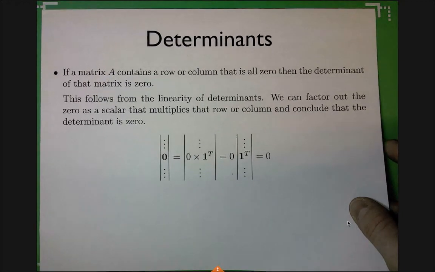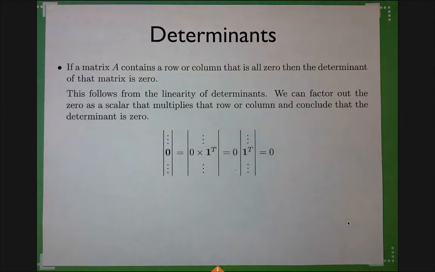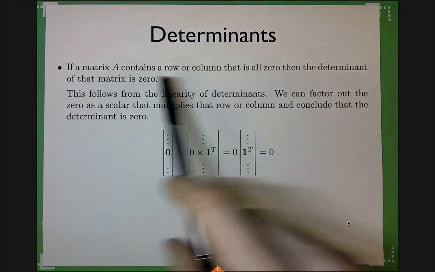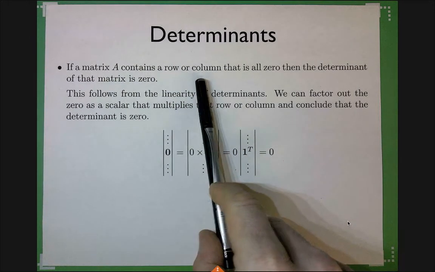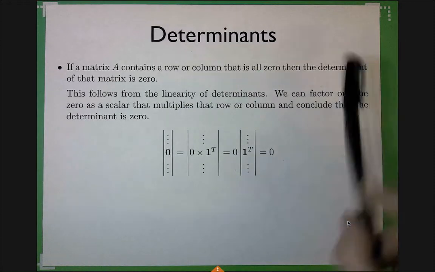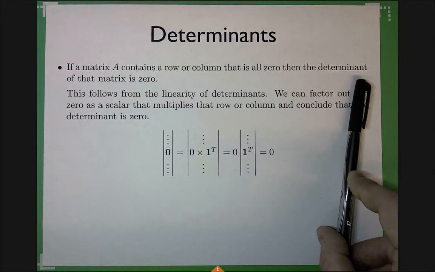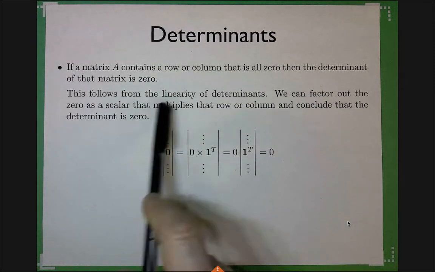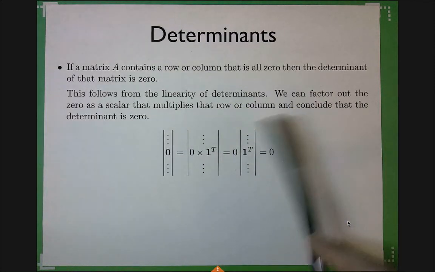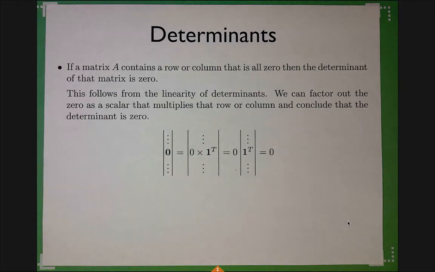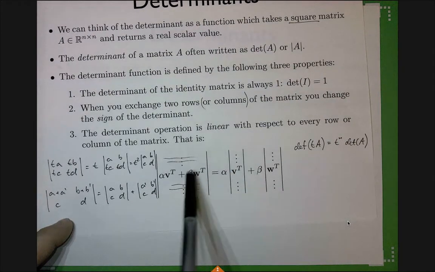So there's another property of determinants, which is sort of simple. If you have a matrix with a row or column, if you want, which is all zeros, then the determinant is also 0. Now that's really trivial to prove, again from this rule number 3, right?